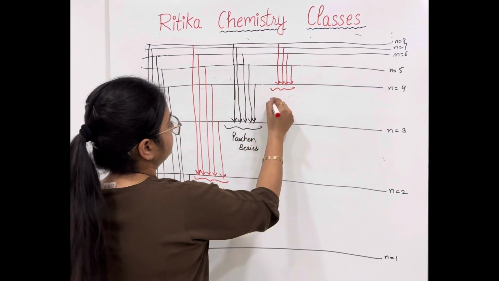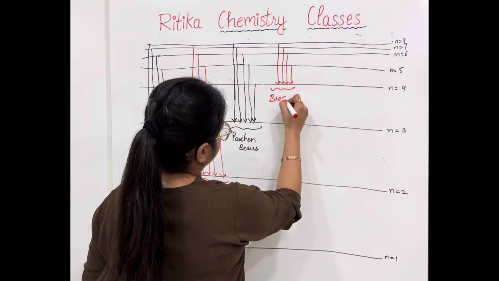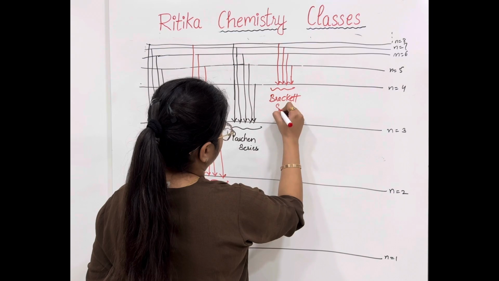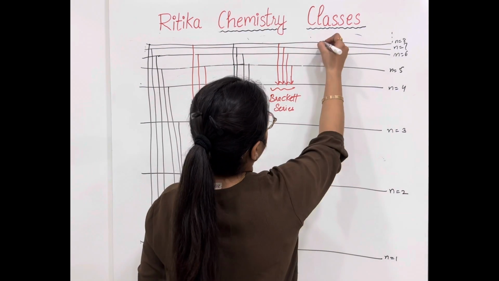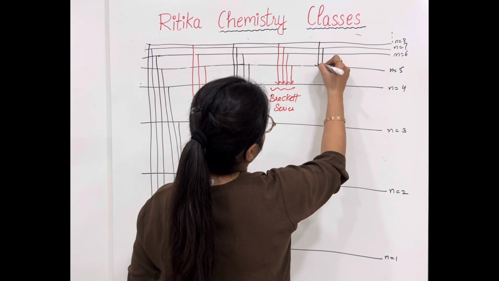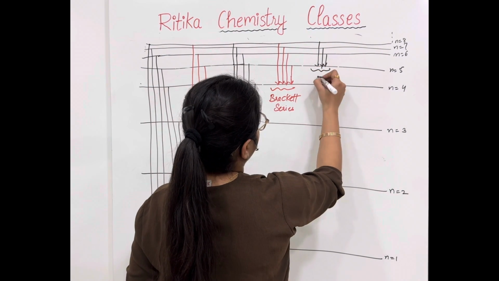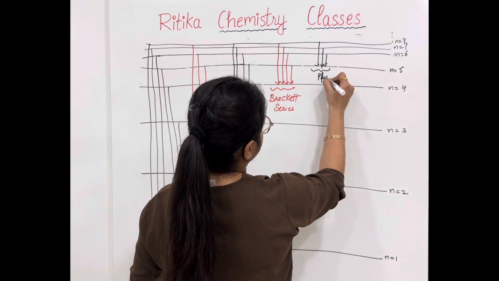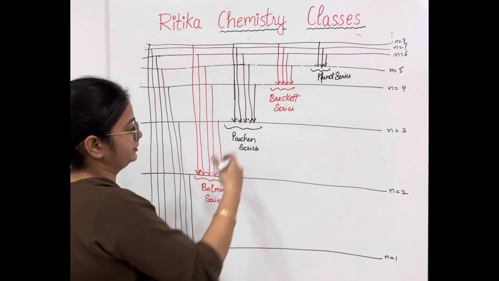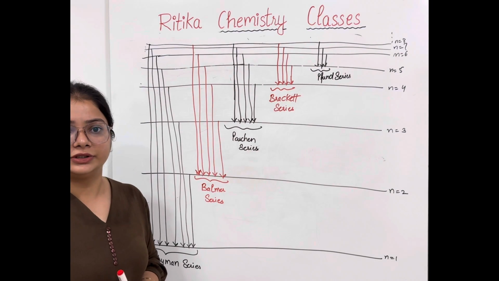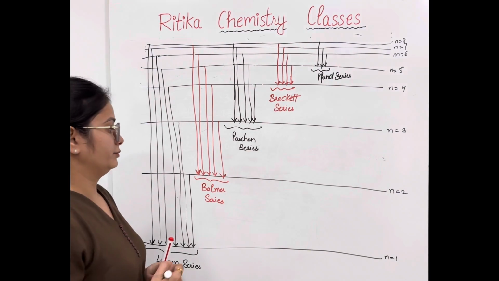This set of lines is known as Brackett series. Similarly, moving further, we get Pfund series. So due to this reason, we get a lot of lines in the hydrogen spectrum.